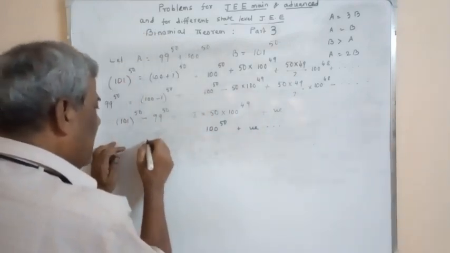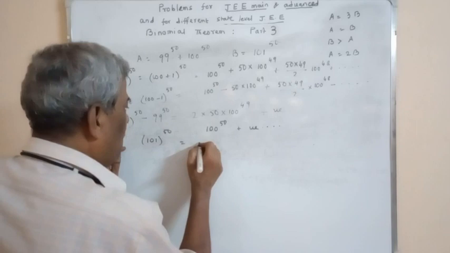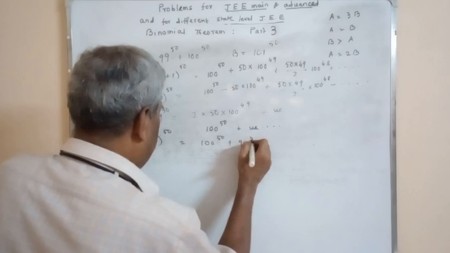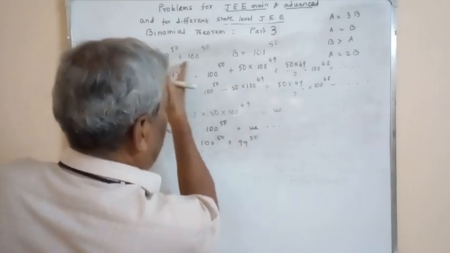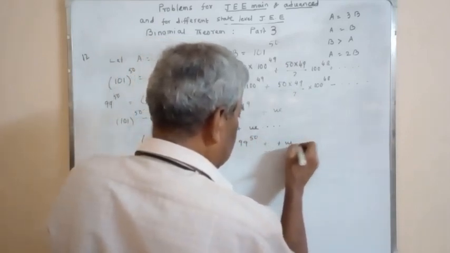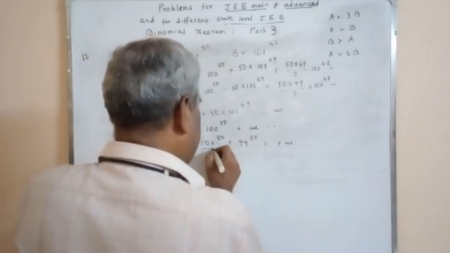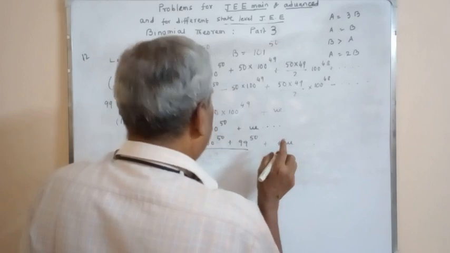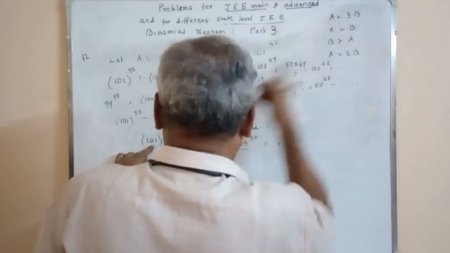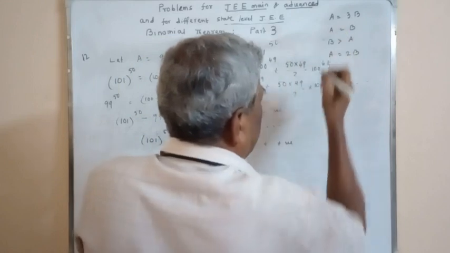So we must have 101 to the power 50 is equal to 100 to the power 50 plus 99 to the power 50 plus some other positive terms. Therefore, we can say that this is greater than that. So option B is this, and this part is A plus something. So, B is greater than A.